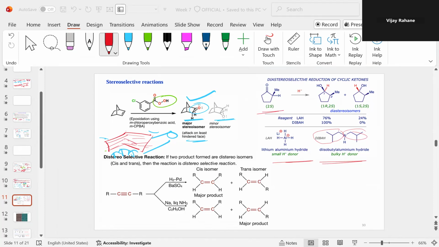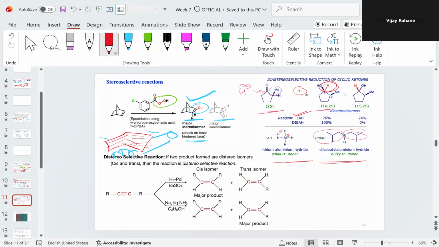If you look at the carbonyl center, the hydride addition can take place either from the top side or the bottom side, right? In this case, since the methyl is on the top side, to avoid this steric crowding, the LiAlH4 attack takes place from the bottom side to the carbonyl group, and we are getting this hydrogen directing downward. This product is obtained as the major product with lithium aluminum hydride, because it itself has some steric crowd.